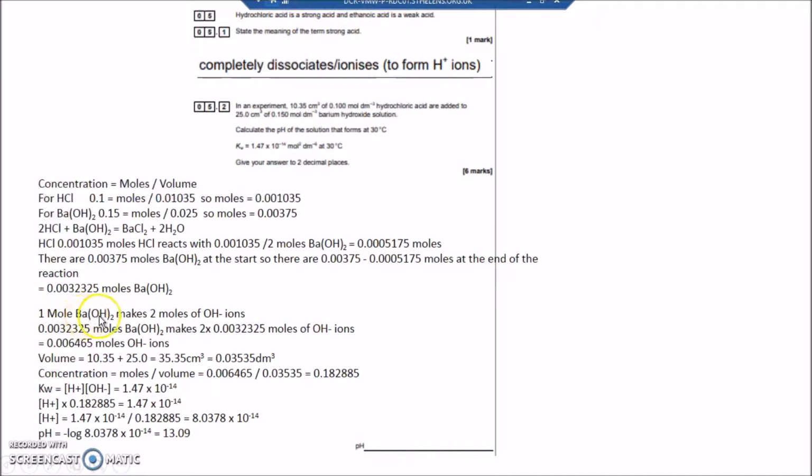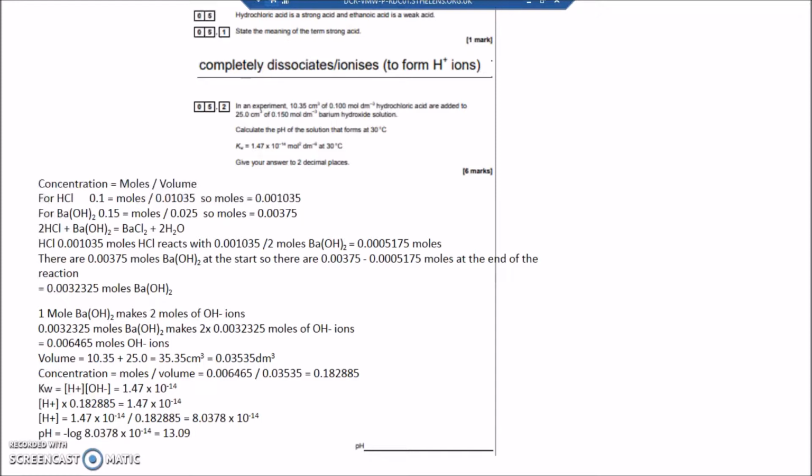Now 1 mole of barium hydroxide makes 2 moles of OH minus ions, because there's 2 OHs in Ba(OH)2. 0.003235 moles of barium hydroxide makes 2 times that moles of hydroxide ions.